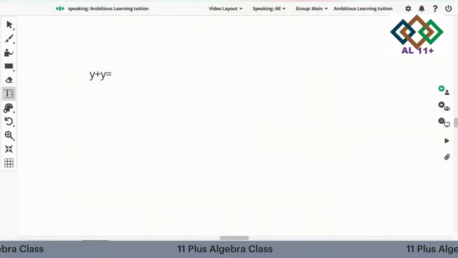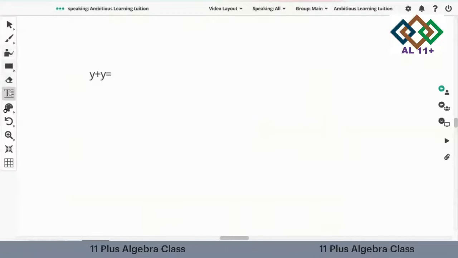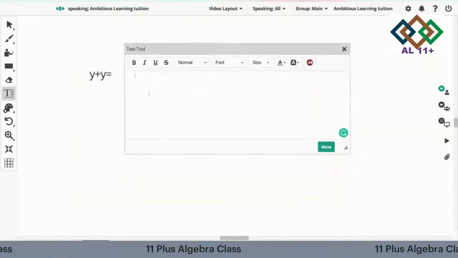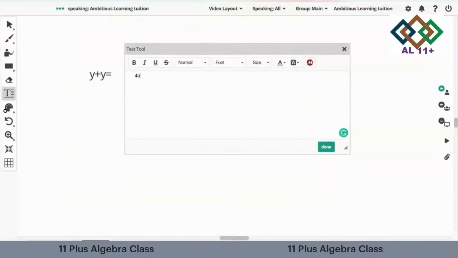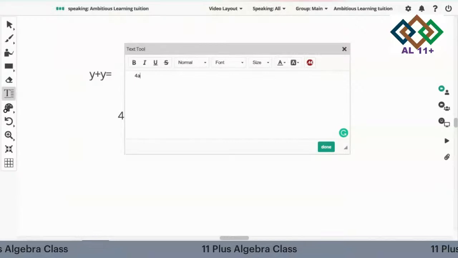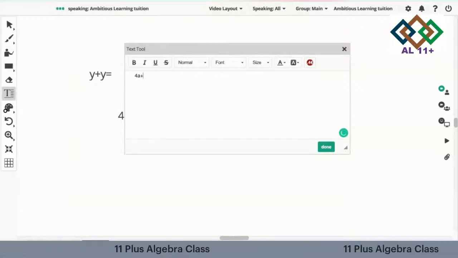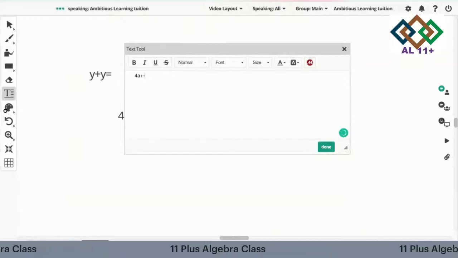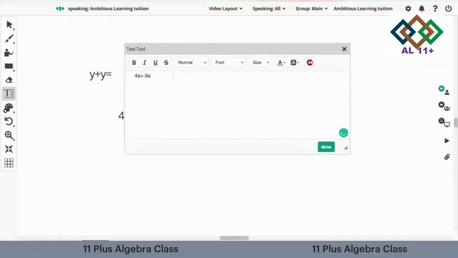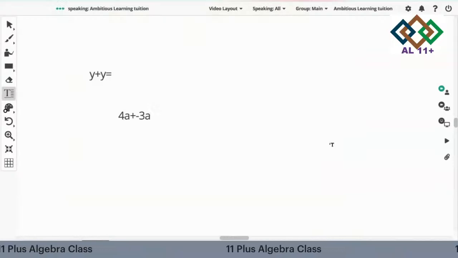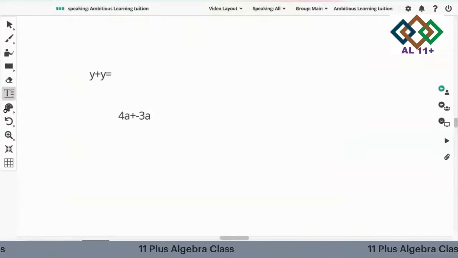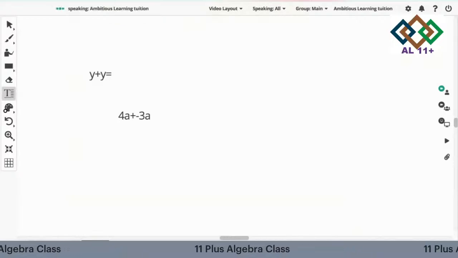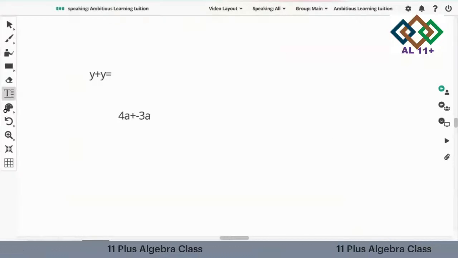In algebra, there's one more thing I want to explain before we do the sheet. If you have something like 4a minus 3a, what do you think this one will be? How would you say for this one?